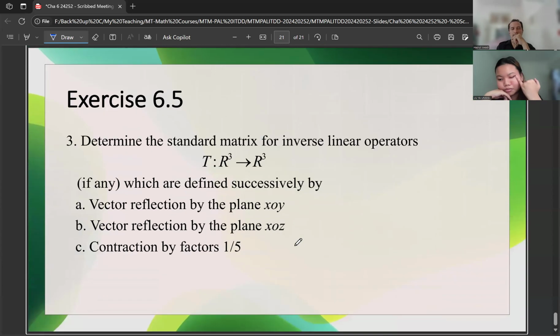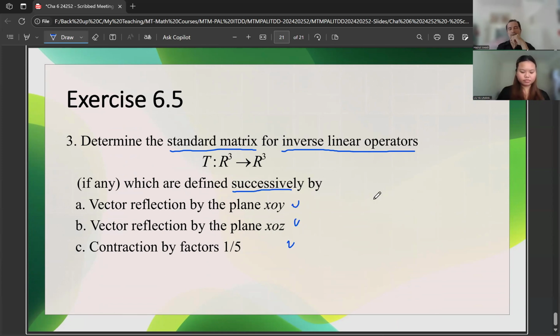Okay, let us do number 3. We must know standard matrix for inverse linear operators yang secara berturut-turut 1, 2, and 3. Jadi cari dulu linear operatornya, tapi yang ditanya itu inverse-nya.